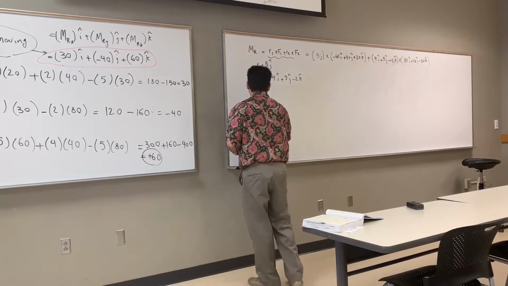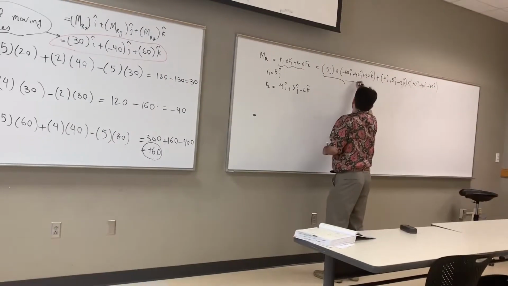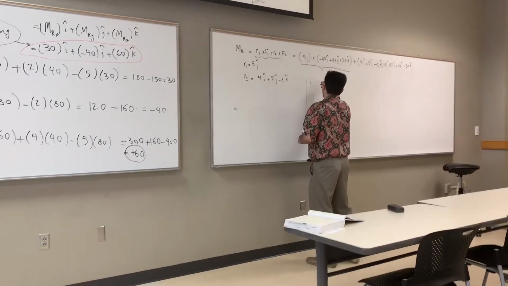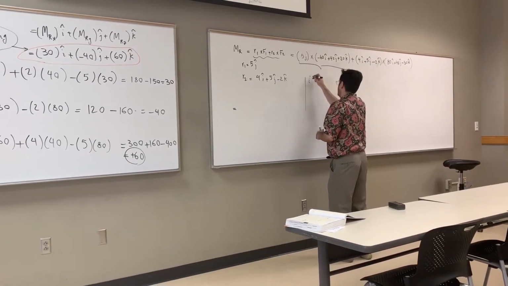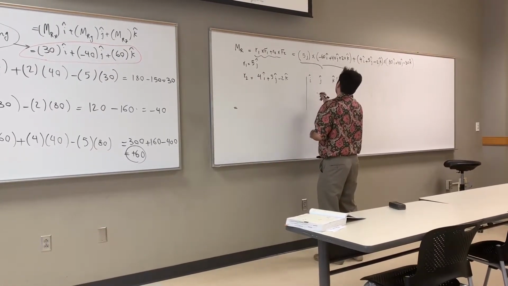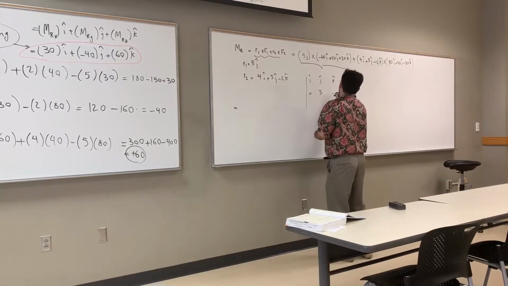So let's start doing this one. In order to do that, I use the determinant. So i, j, k. The first row: 0, 5, 0.